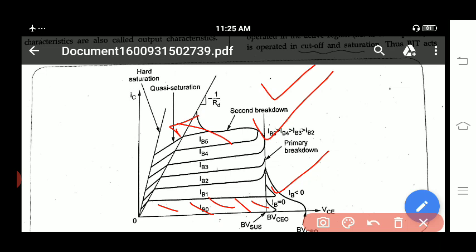In saturation there are two types, quasi saturation and hard saturation. Quasi saturation you can consider as a soft saturation. We will see soft saturation and hard saturation in detail in the next concept.